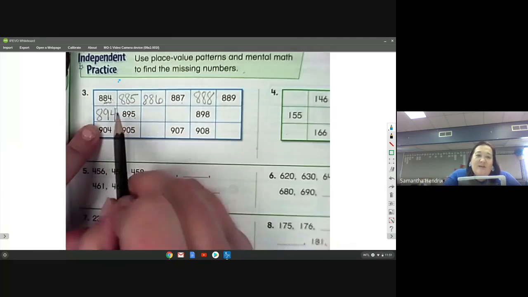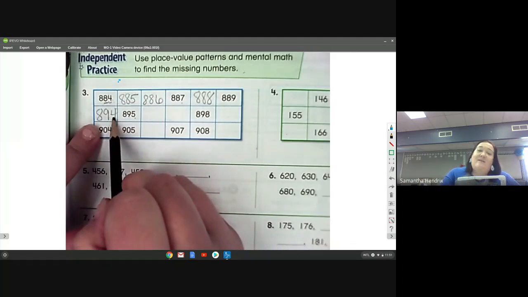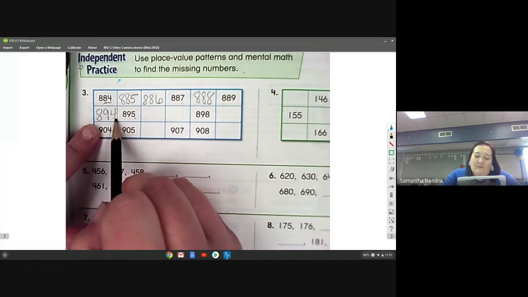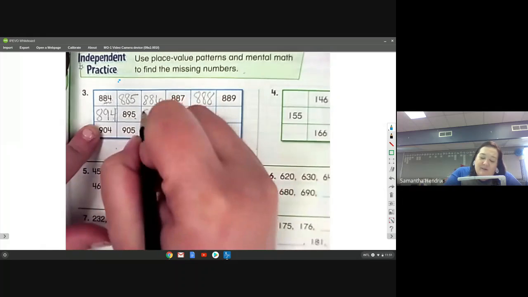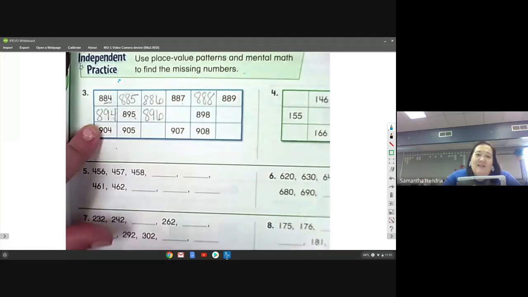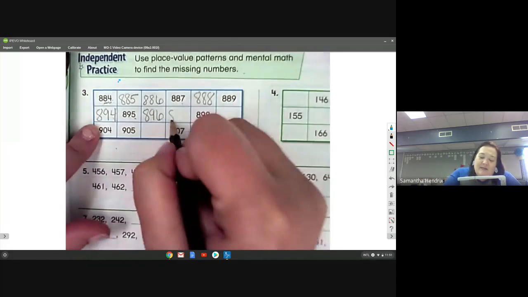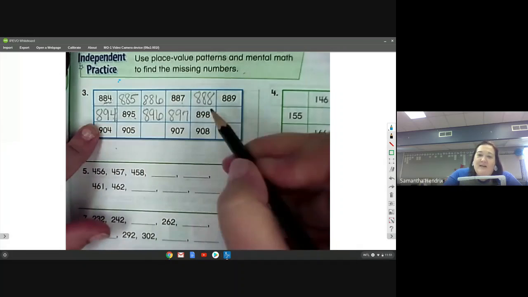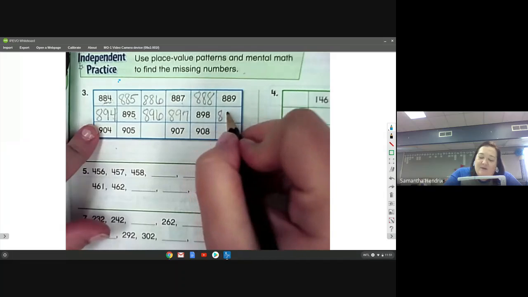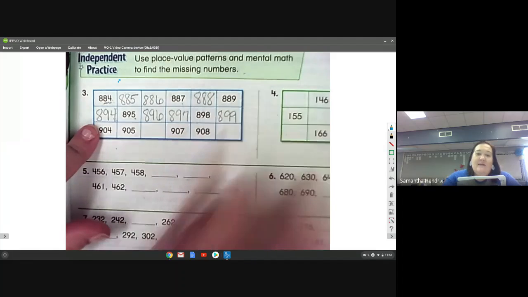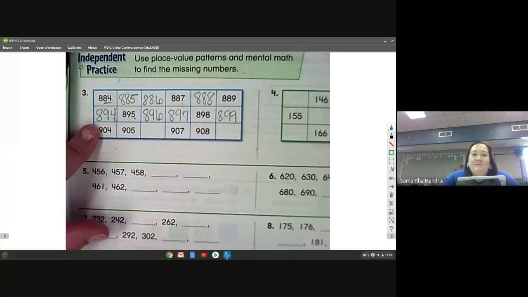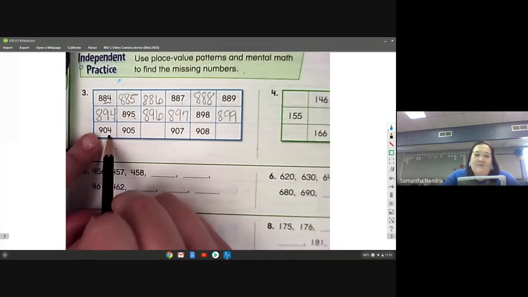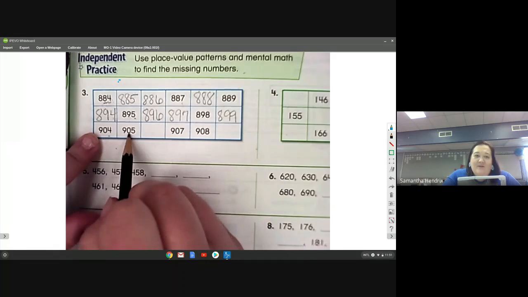Because also when we go down just 1, that 5 in the ones digit is going to become a 4. 895, 896, 897, 898, 899.